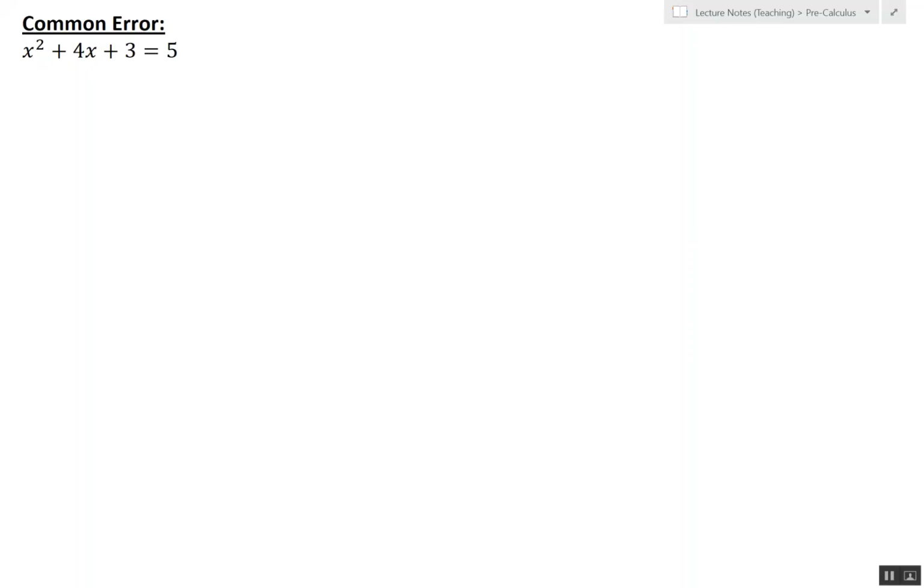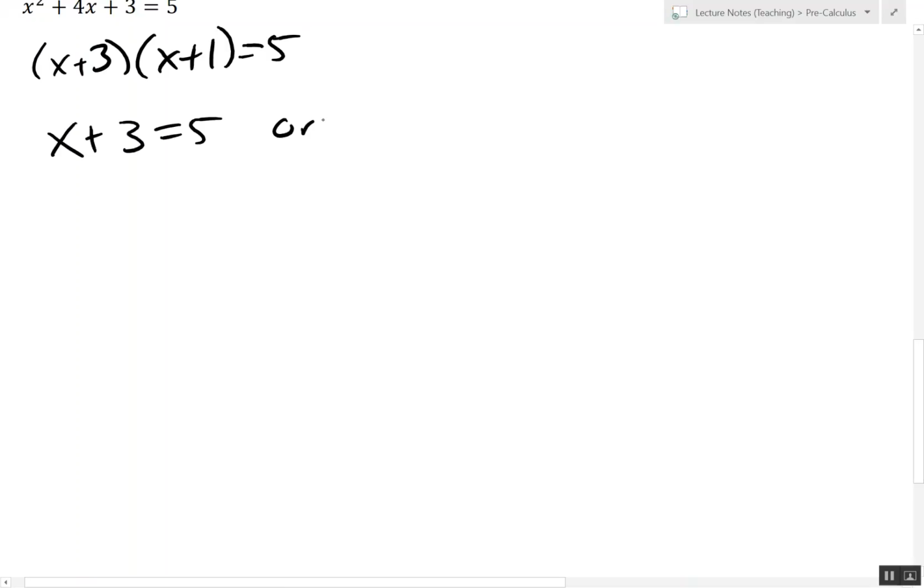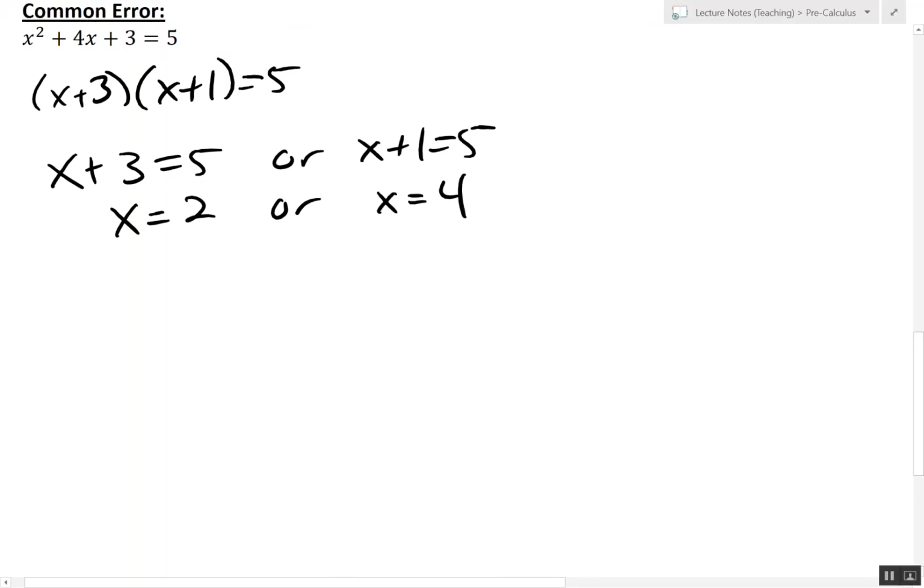One thing that students do a lot is they'll say x plus 3 times x plus 1 equals 5, and then they're going to split it up like this: x plus 3 equals 5, or x plus 1 equals 5, and get x equals 2, or x equals 4. So this is not correct.